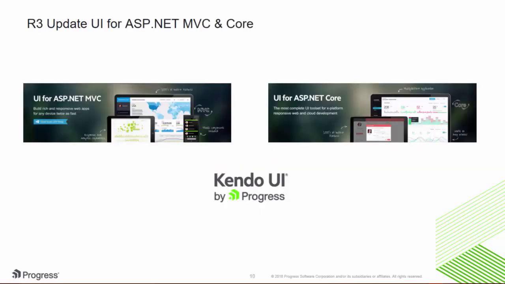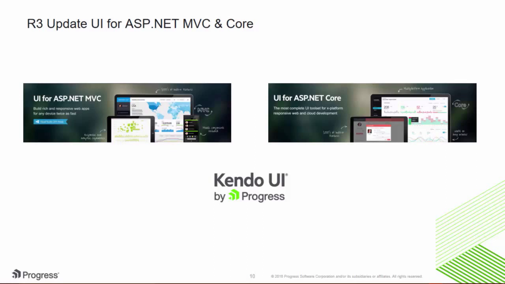So let's move on to UI for ASP.NET MVC and UI for ASP.NET Core. Telerik UI for ASP.NET MVC and Core consists of 70-plus controls, all powered by our Kendo UI product. Kendo UI provides feature-rich UIs rendered with HTML5, CSS, and JavaScript that work seamlessly on any screen size with responsive and adaptive rendering.